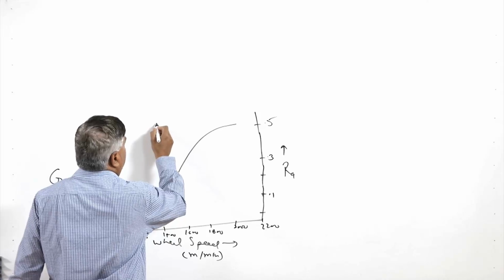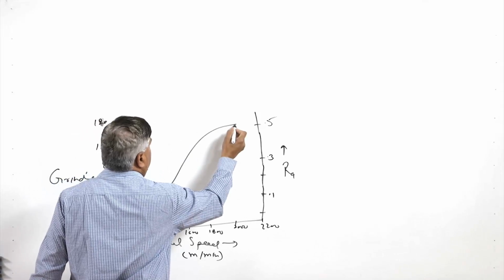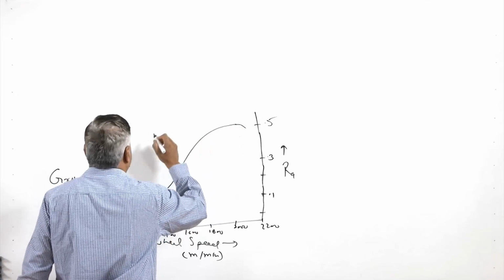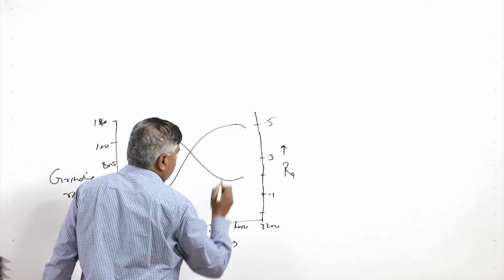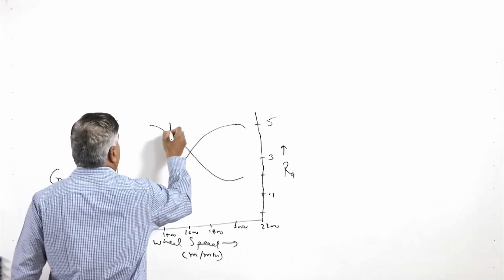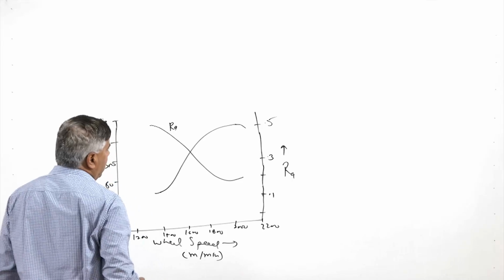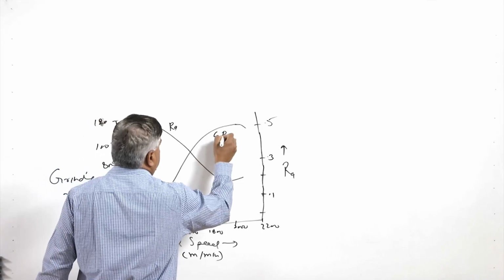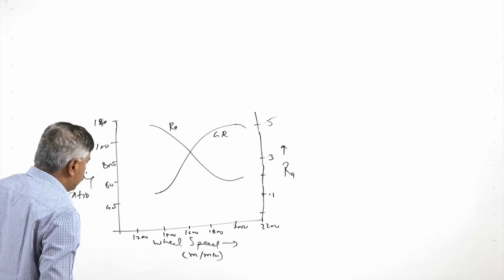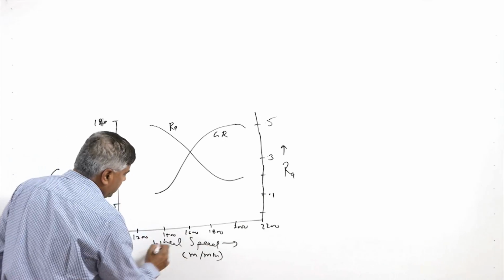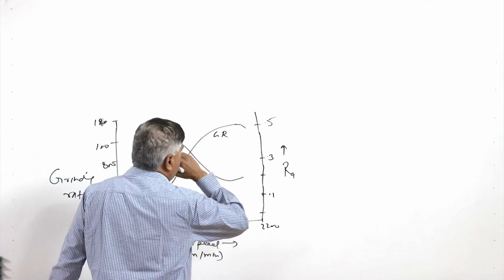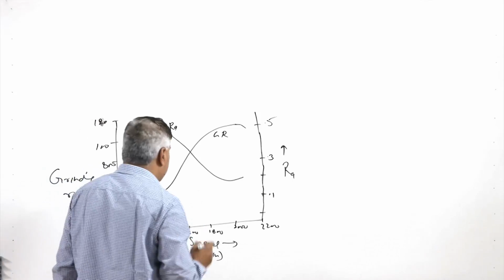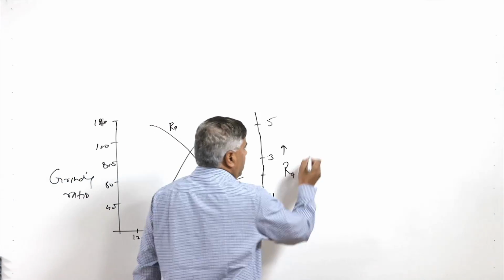It may start to fall at a much higher speed. On the other hand, the surface roughness goes like this. This is showing the Ra and this is showing the GR value. At low speed the grinding ratio is low, at high speed the grinding ratio increases. So, how can we relate this?